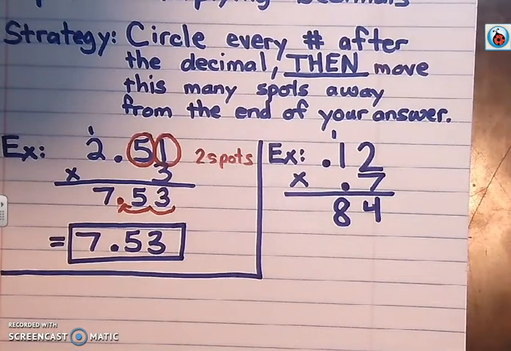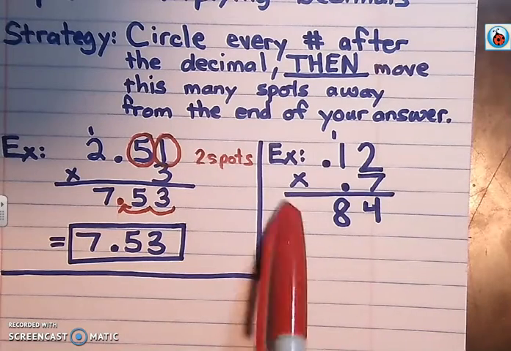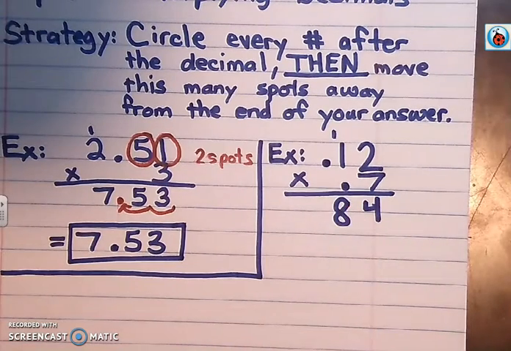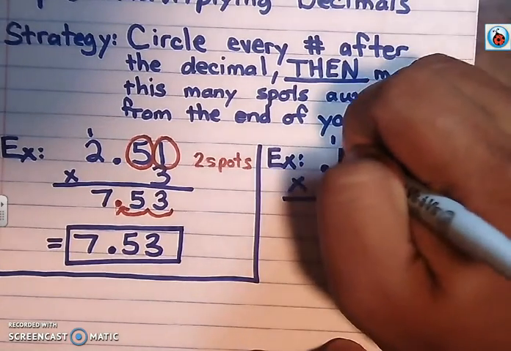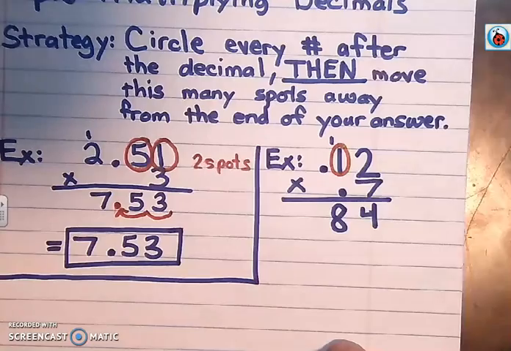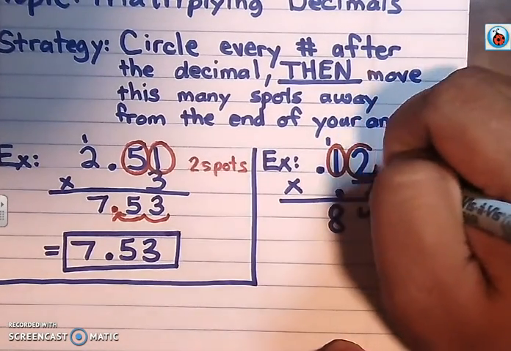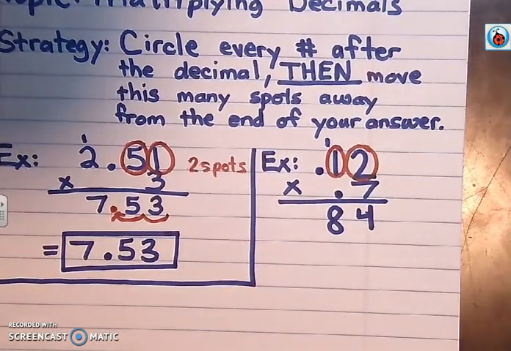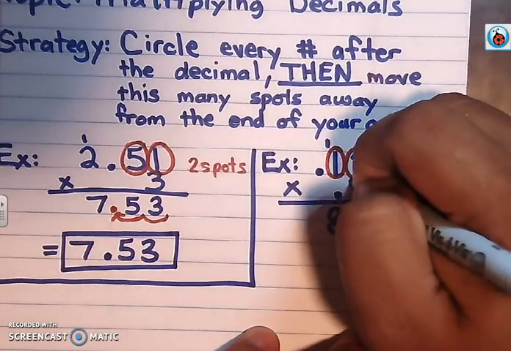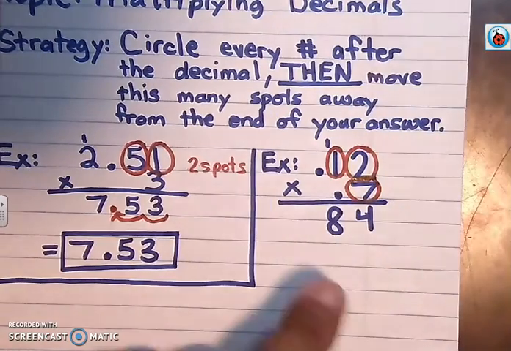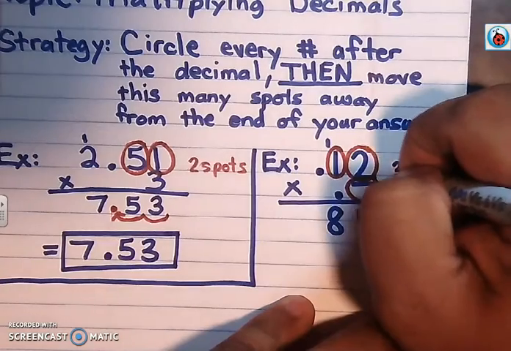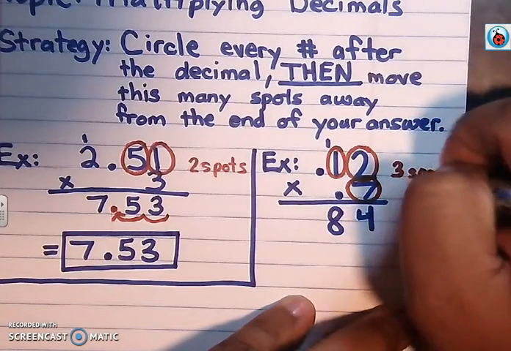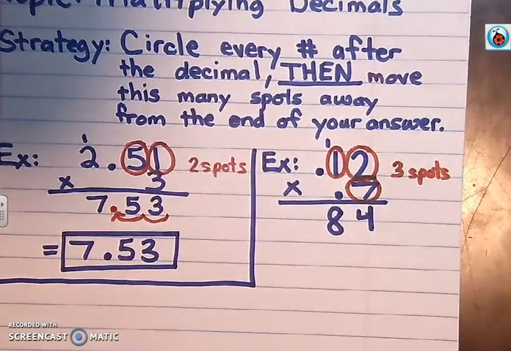But then we have to understand, okay, we multiplied with decimals. So I bring in the strategy of circling every number after the decimal. So there's 1, 2. Is there another one? Yes, the 7. So I have just circled all the numbers that came after the decimals. So in this one, I circled 3. So there are going to be 3 spots here.